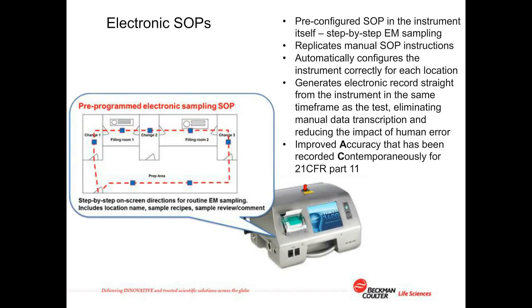So these two things, the electronic SOP and the instantaneous creation of the electronic record, improve the accuracy of the record, and of course it means that the record has been created contemporaneously, which are two key factors in the FDA's interpretation of 21 CFR Part 11.